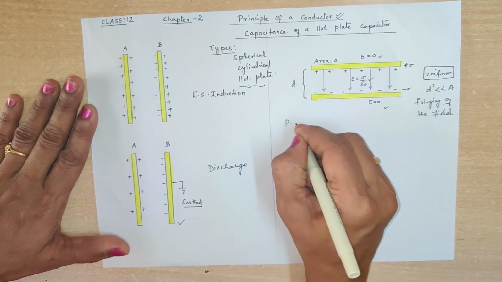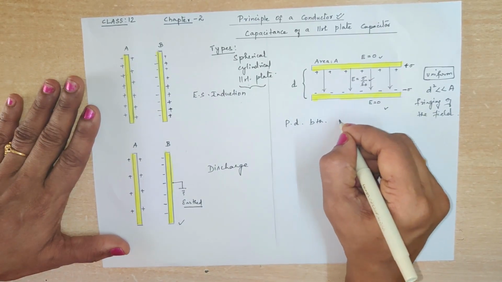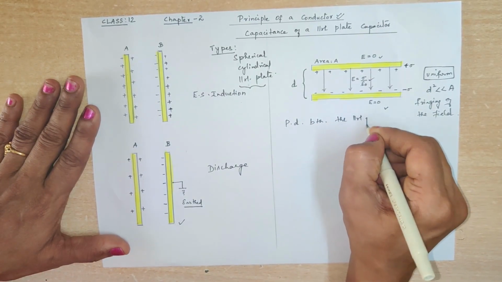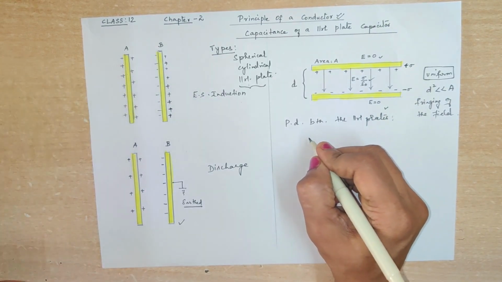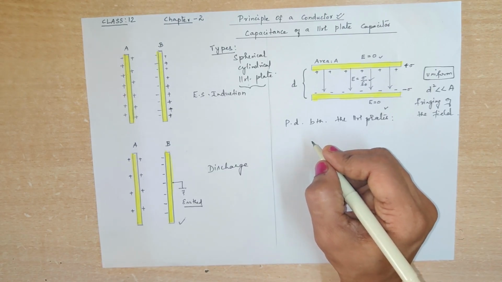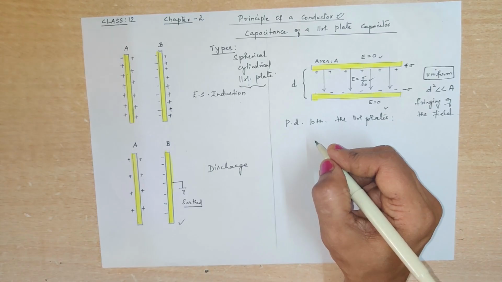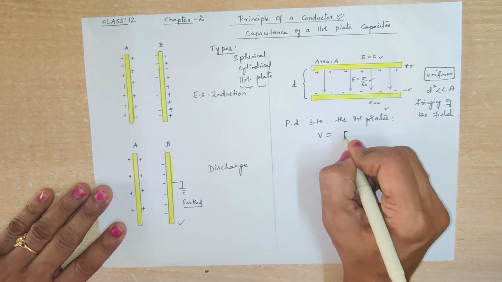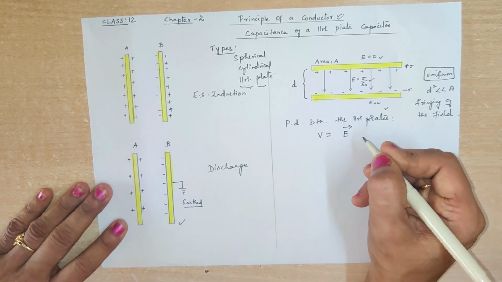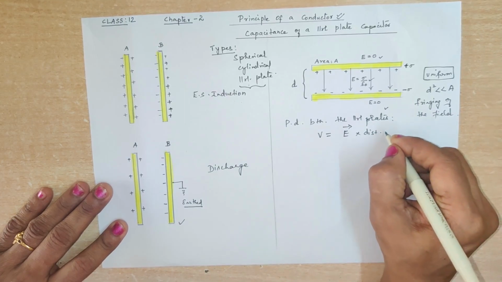So now we have to learn what the potential difference developed between the parallel plates kept in front of you is. V is going to be the electric field which is produced, that is sigma by epsilon naught, multiplied by the distance between the two plates.